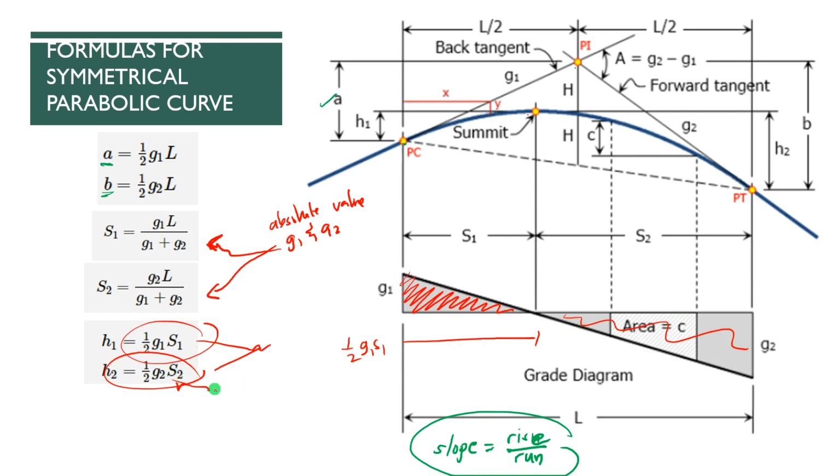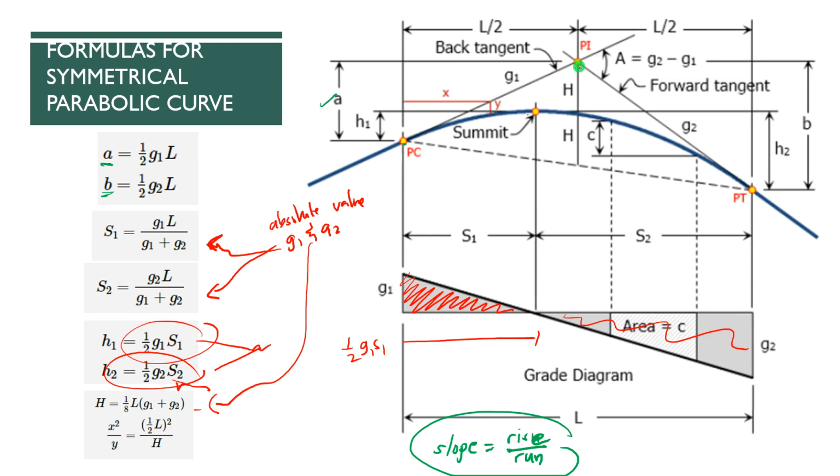So that's H1 and H2. For H, we have L/8 times (G1 plus G2). So in determining the H, also take the absolute value of G1 and G2.